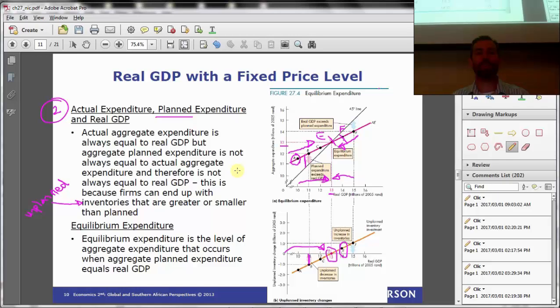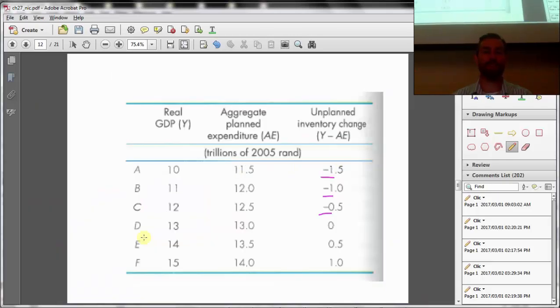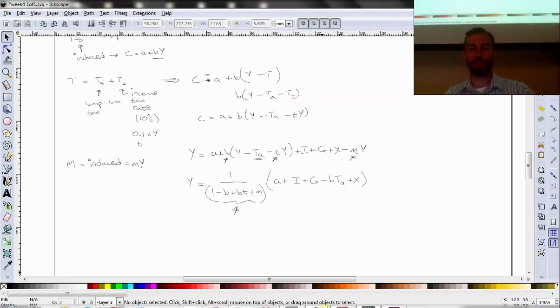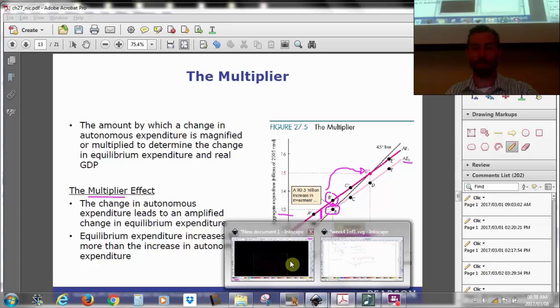So we saw this both as a diagram and we saw what it looks like in a table. We then described how the multiplier is represented in this diagram. What happens, and let me just draw it because that'll be easier to describe as I draw.